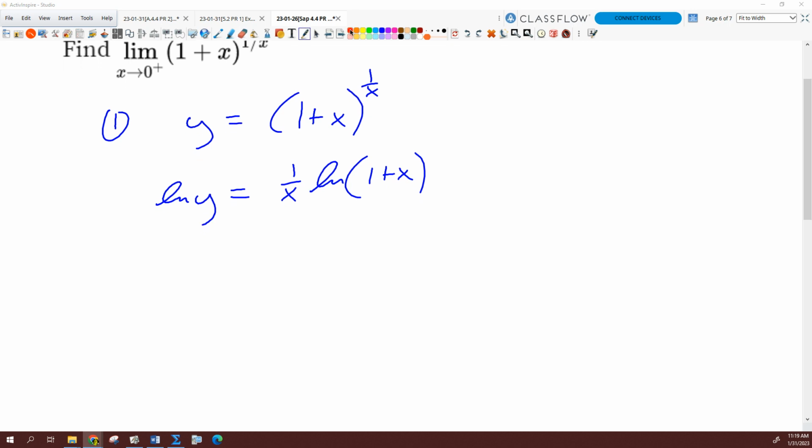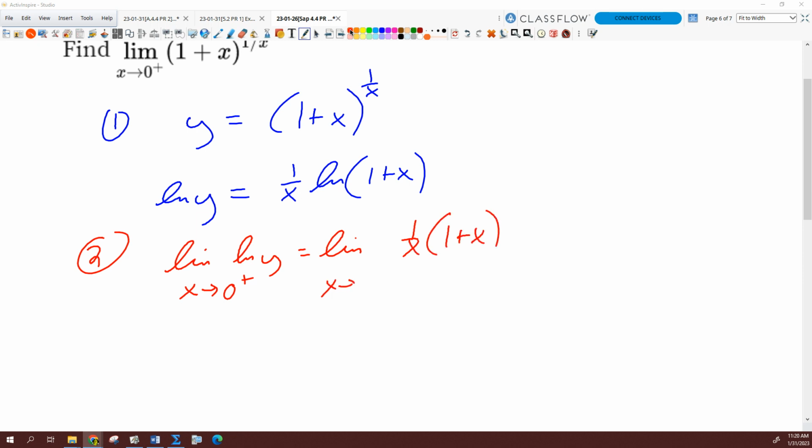So now, okay, what's that look like? Oops, log, sorry. Forgot the log, didn't I? Yeah, I was about to say, that didn't look right.